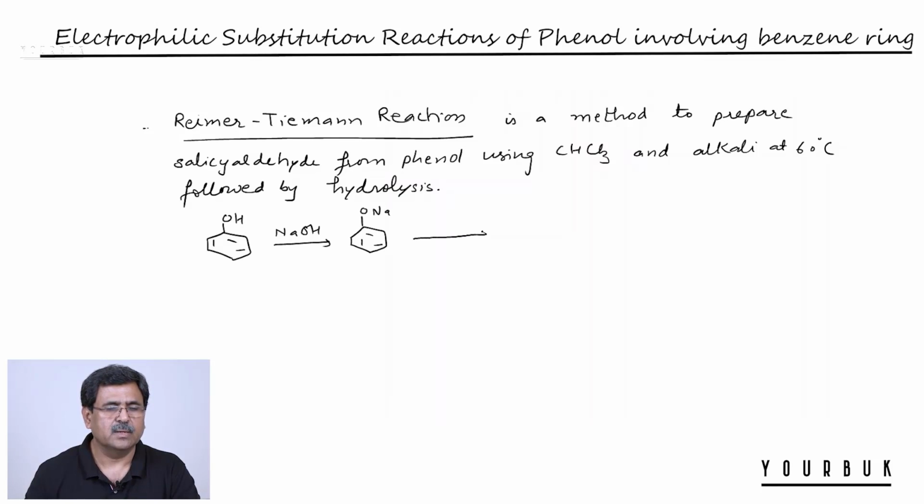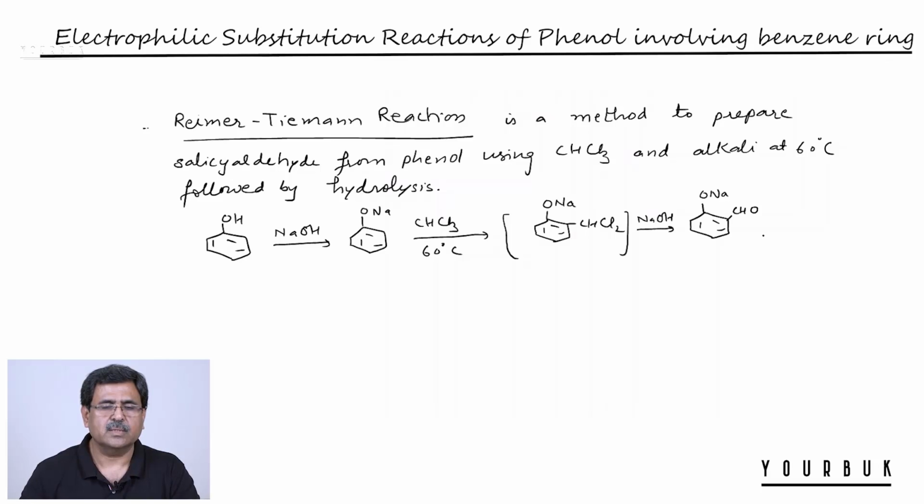Sodium phenoxide on treatment with chloroform at 60 degrees Celsius gives an intermediate, and this on hydrolysis with NaOH gives a product, which on acidification with hydrochloric acid gives the final product called salicylaldehyde.